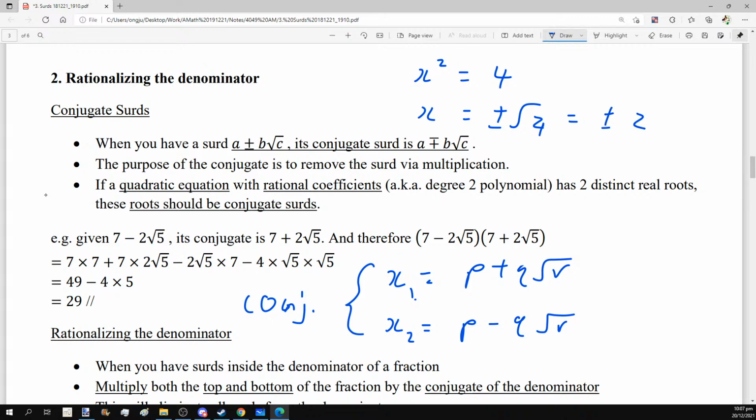And in the case of what I said earlier, if you only have one answer, for example, x squared equals 0, then x equals 0, correct? Well, technically speaking, you can say that x is equal to positive root 0 or negative root 0, which therefore will still be conjugate surds, right? Because it's a plus and then a square root of 0, and minus a square root of 0.